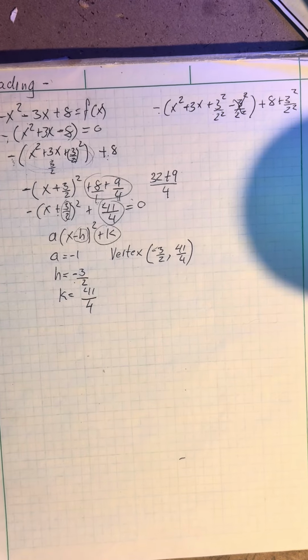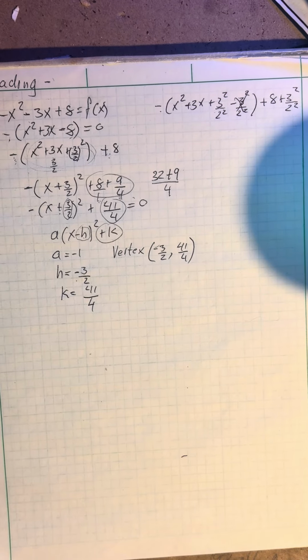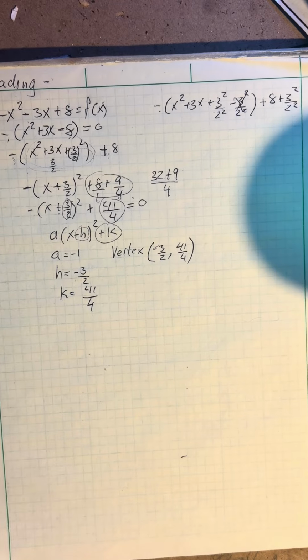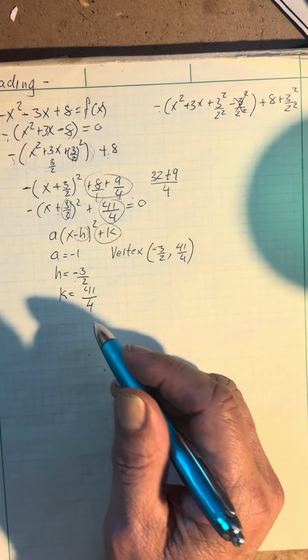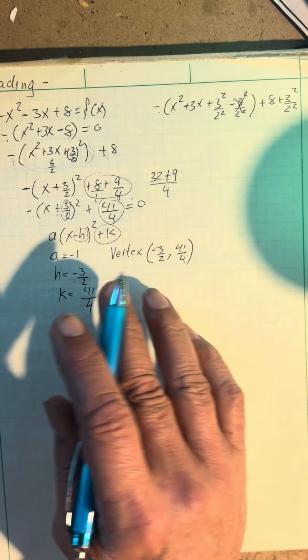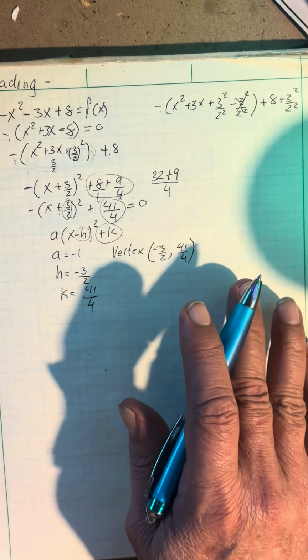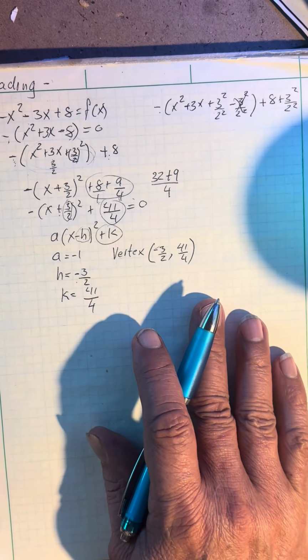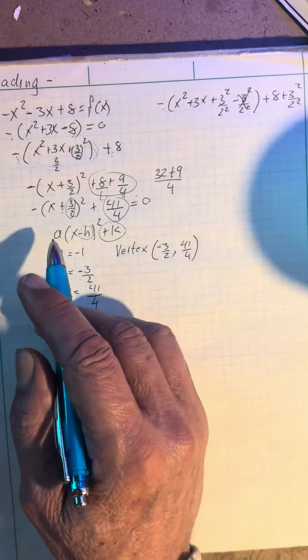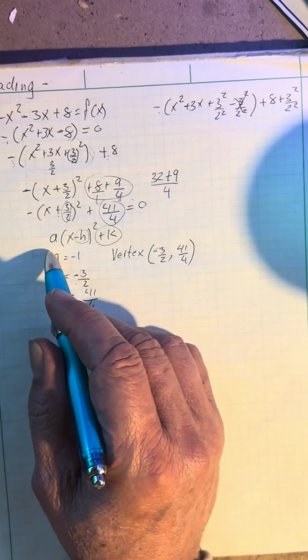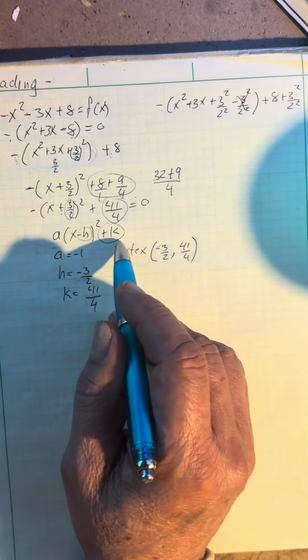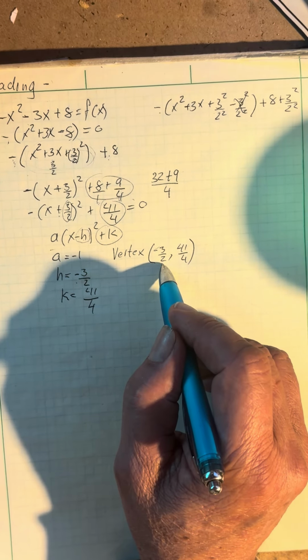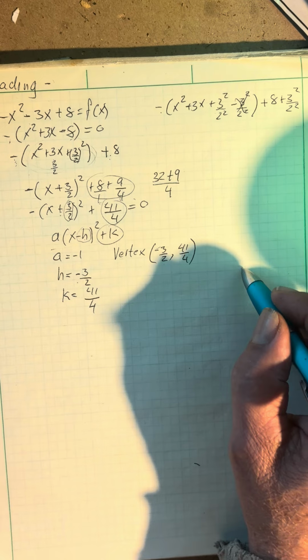Well, we would want to get the roots as well, because we need the graph. In all my problems, the whole idea is to solve everything, and everything means we get to the graph. We have the vertex, so we can start drawing this thing.